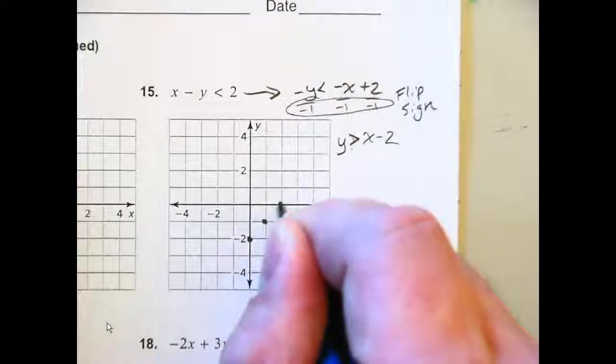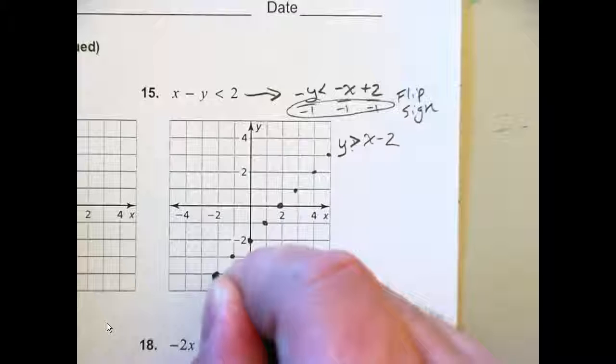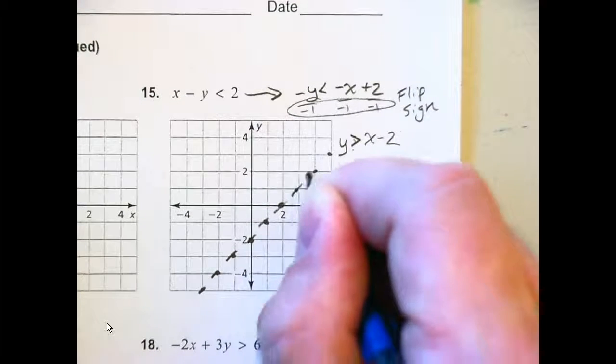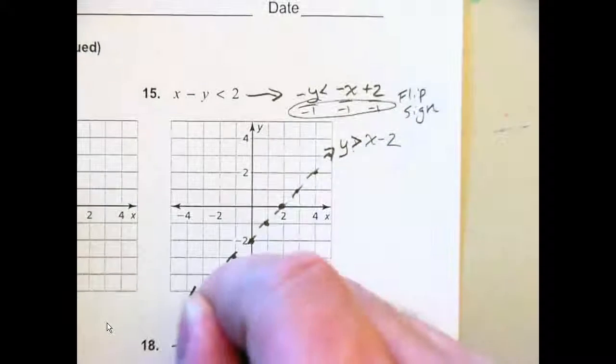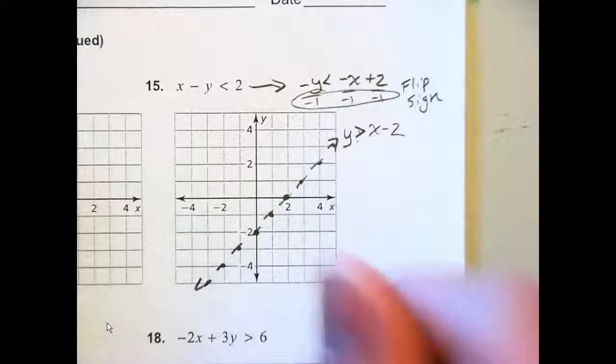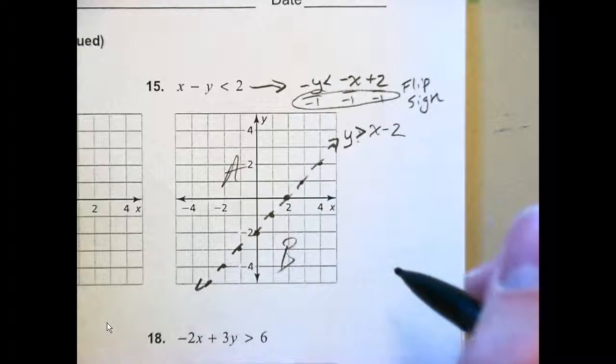Is this one solid or dashed? Dashed. That's why I kind of like the dashed ones like that. Just put the little dots and put a little dash through them. Okay? Shading above or below the line. Section A or B?